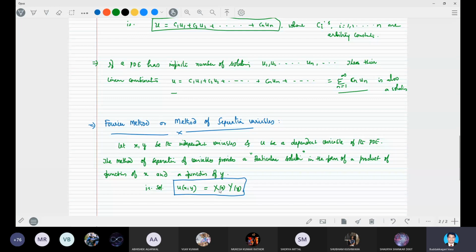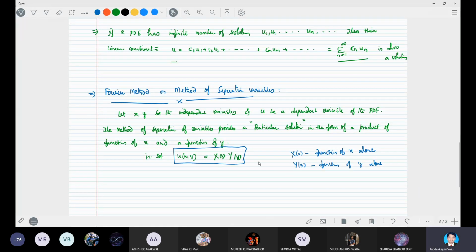X of x means, just for your understanding, capital X is a function of small x alone. Capital Y is a function of small y alone. So capital X of x is a function of x alone, and capital Y of y is a function of y alone. So that solution is separated individually in the independent variables.